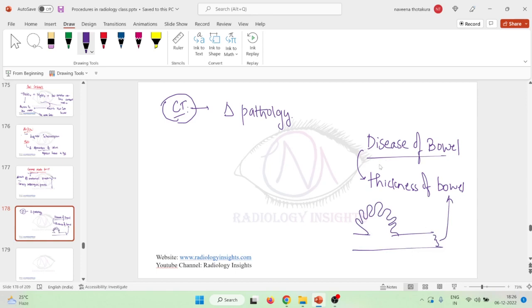So most of the diseases of the GIT are arising from the bowel wall, and we have to study the bowel wall clearly.